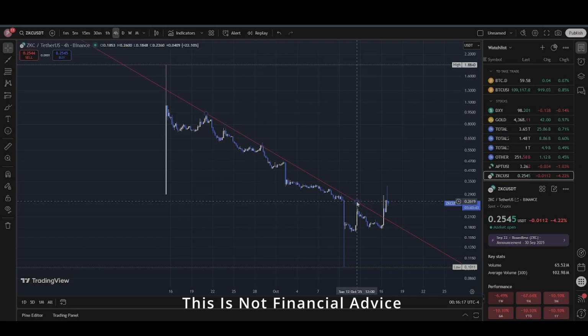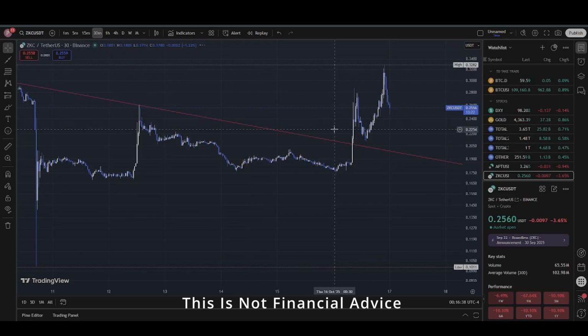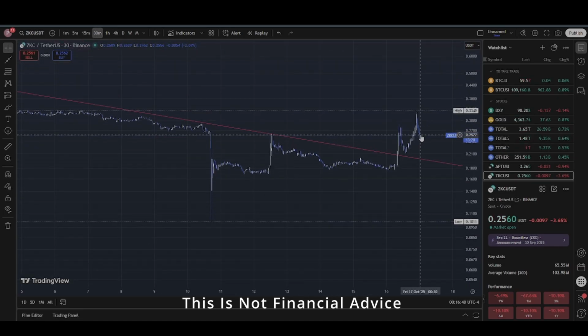It did make a really good attempt back on October 12th, but it couldn't. Now the attempt ended up in success, and the token went from 18 cents to as high as 32, and as of now it is in a small correction.